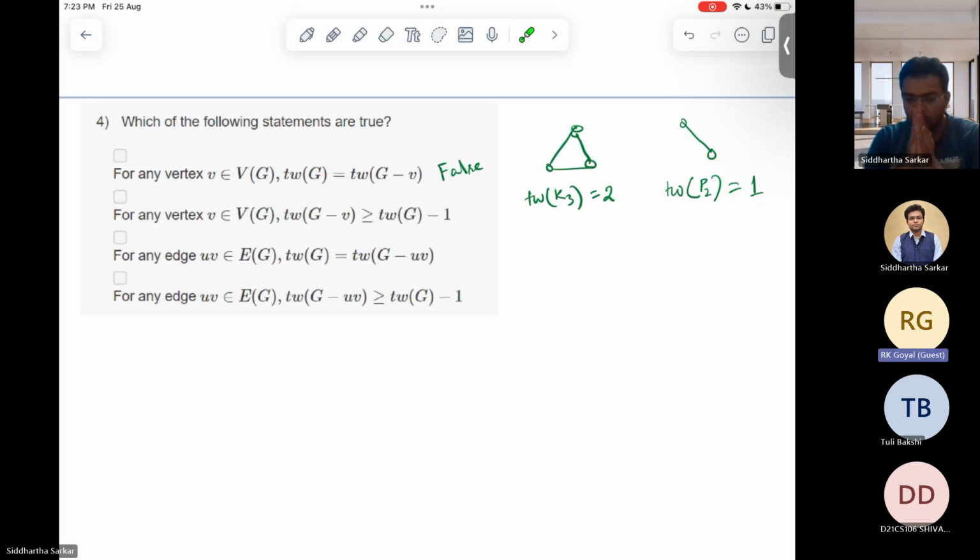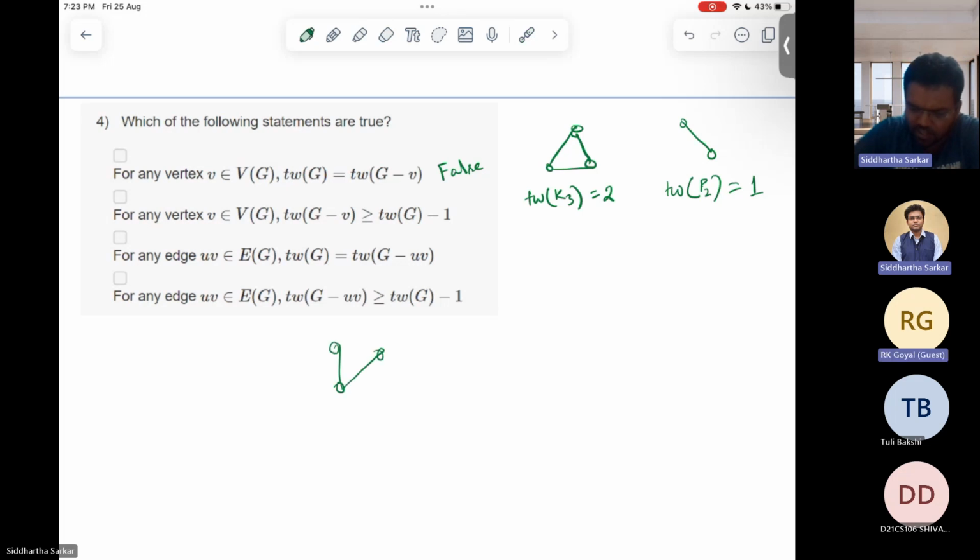I cannot think of any. So if I remove a vertex from a graph and say that vertex is the central vertex, and I remove all the vertices from it... What do you mean by central vertex?